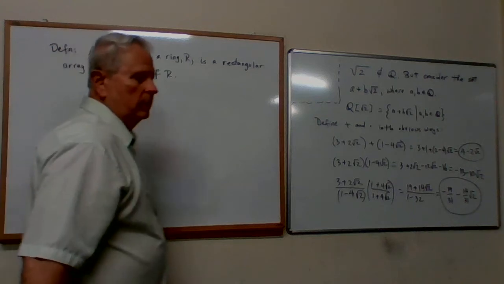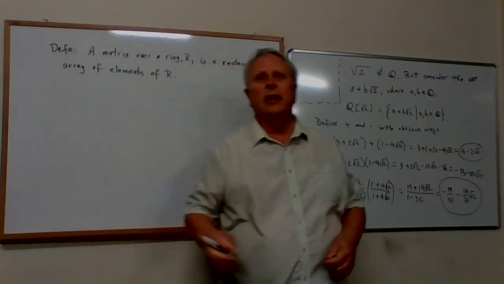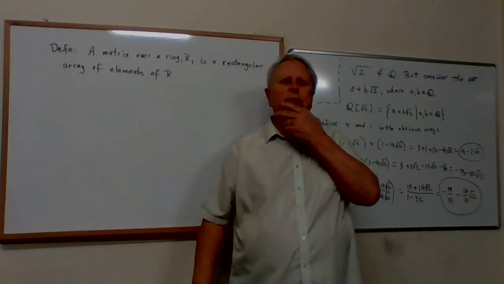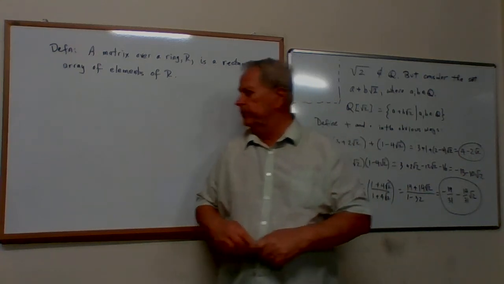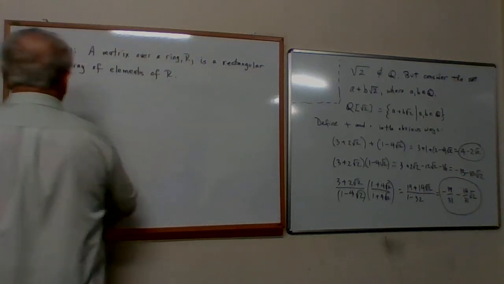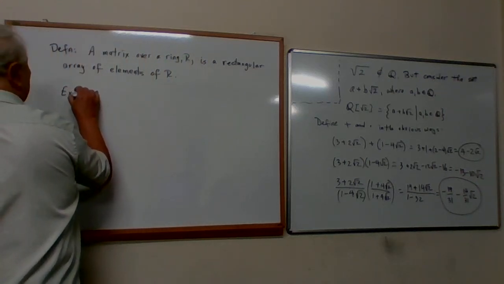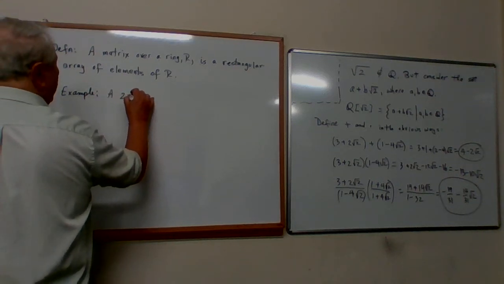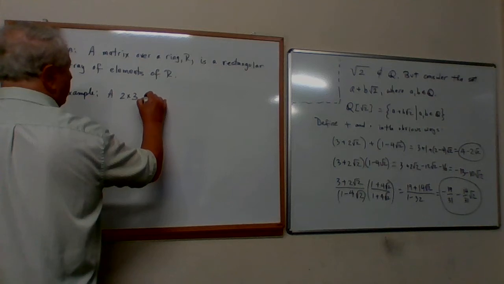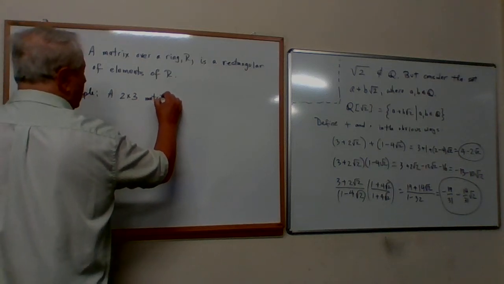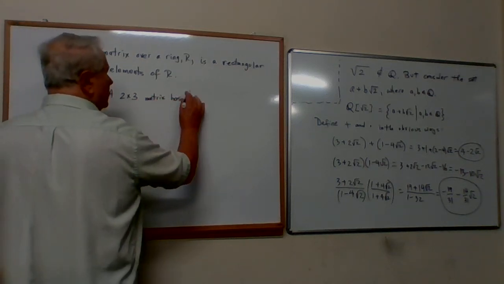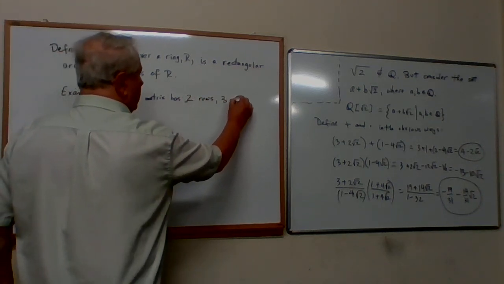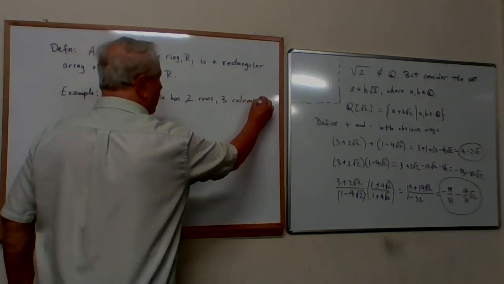Now, a rectangle can be of any height and width that you want. Suppose that I have a 2 by 3 rectangle. A 2 by 3 matrix has 2 rows and 3 columns.